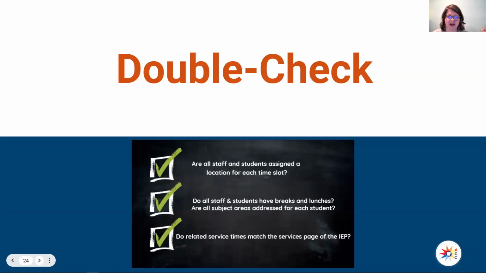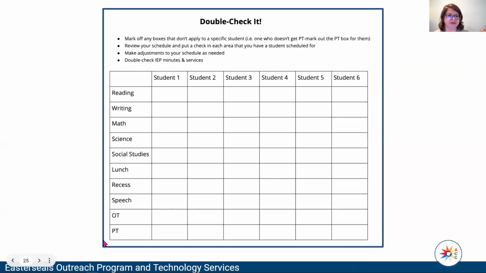So I created a document and I made sure that all of the staff was in a location with specific students. I made sure that everyone had breaks, everyone had lunches, every student had all of the areas listed in their IEP. You really want the zoning plan to match that student summary in the IEP.